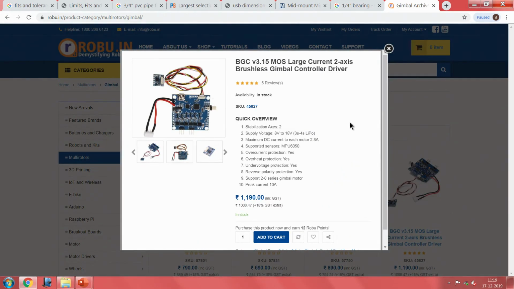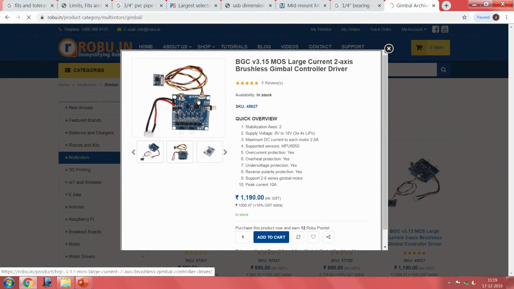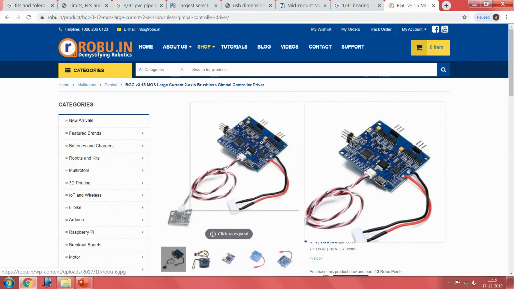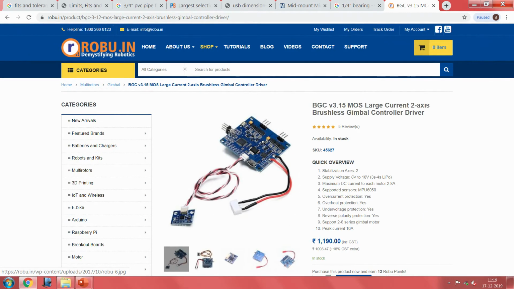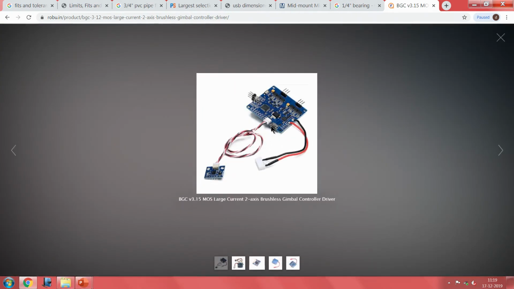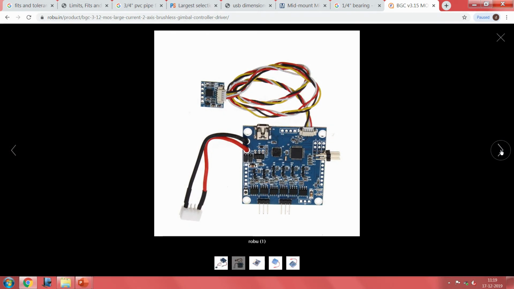Why I have picked this out is, this is a gimbal controller driver, and you see in all the directions they have beautiful connectors to talk with another subsystem, and you have anything you want already there. I will right now avoid concentrating on the electronics.